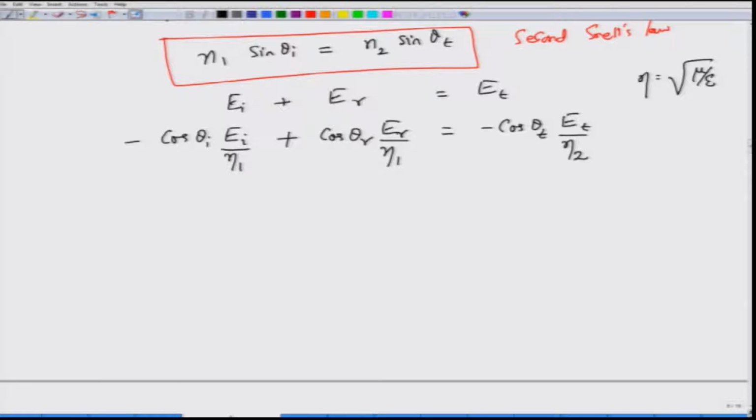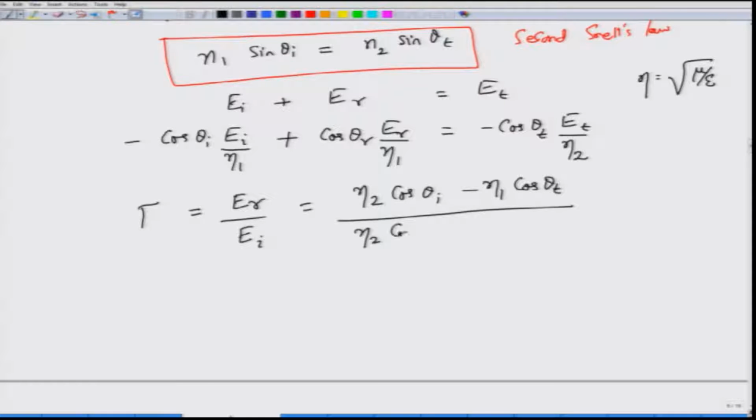Now, I will leave this as a very simple exercise for you to simplify the equations and obtain the reflection coefficient, which is the ratio of reflected electric field amplitude to the incident electric field amplitude for the TE case that we have considered, and this turns out to be eta 2 cos theta I minus eta 1 cos theta t divided by eta 2 cos theta I plus eta 1 cos theta t.